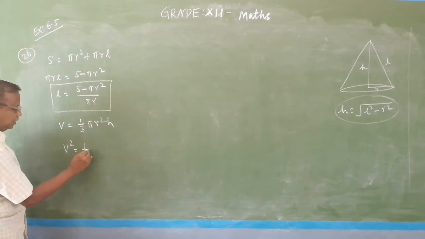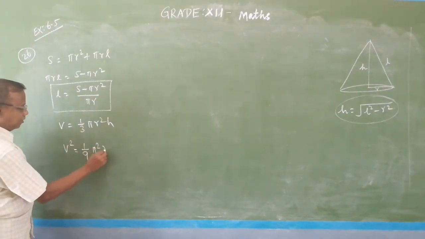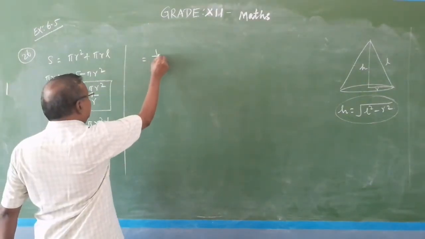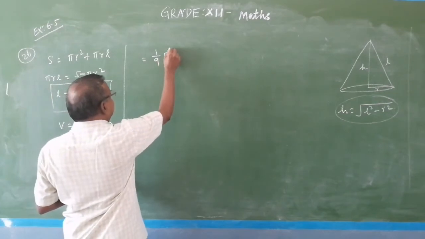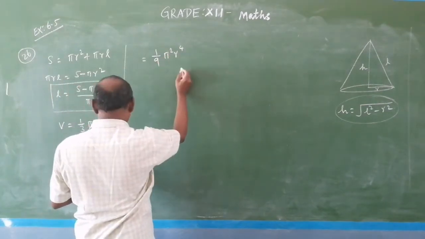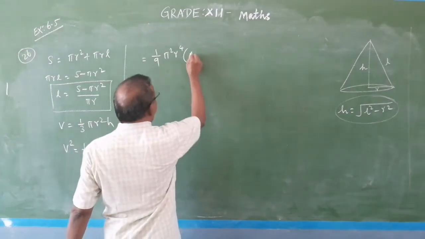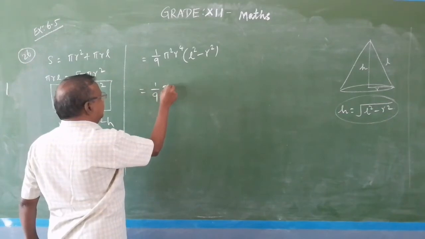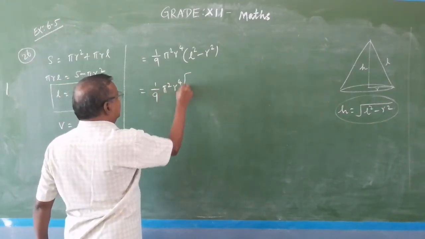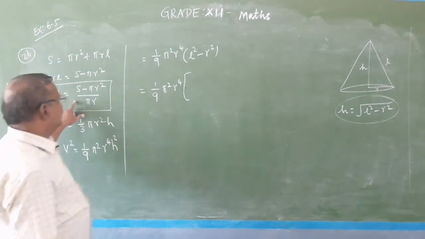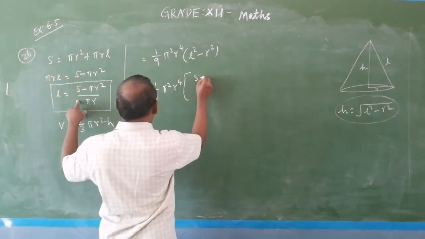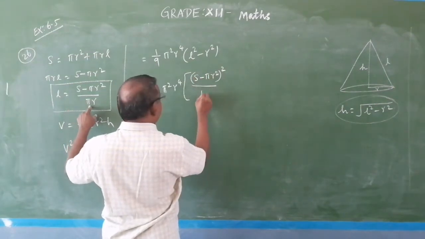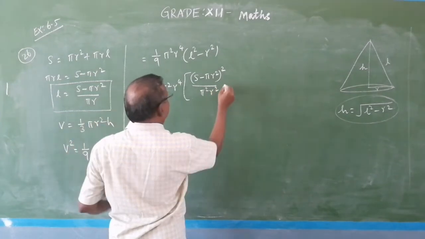V square equals 1 by 9 pi square r power 4 h square, that is 1 by 9 pi square r power 4 into L square minus r square. Here we substitute L square as S minus pi r square whole power 2 divided by pi square r square, minus r square.